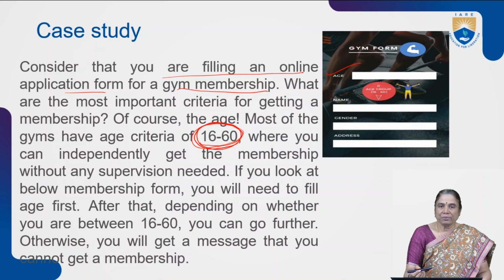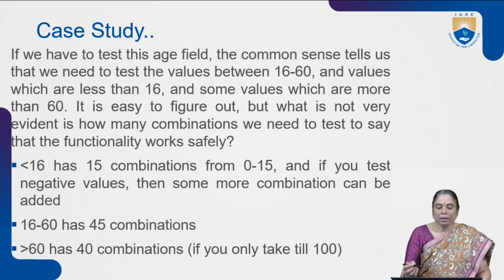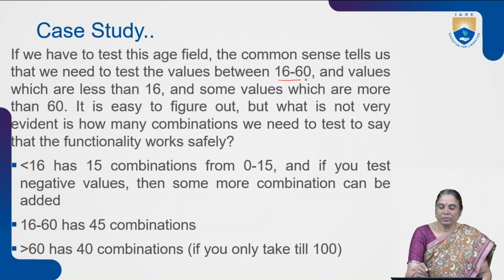Without any supervision, these members can get gym admission easily. So if we have to test this age field, generally we can recognize that the valid age range is 16 to 60.